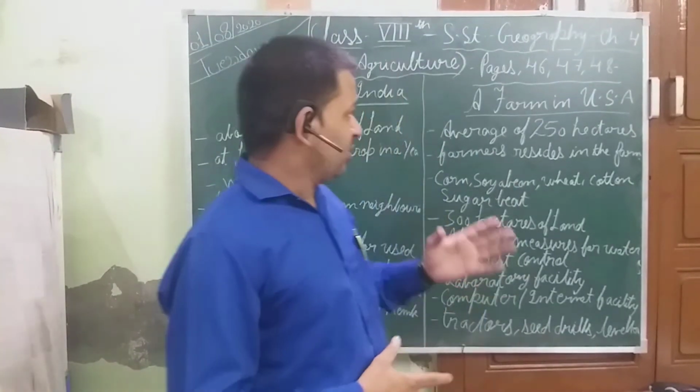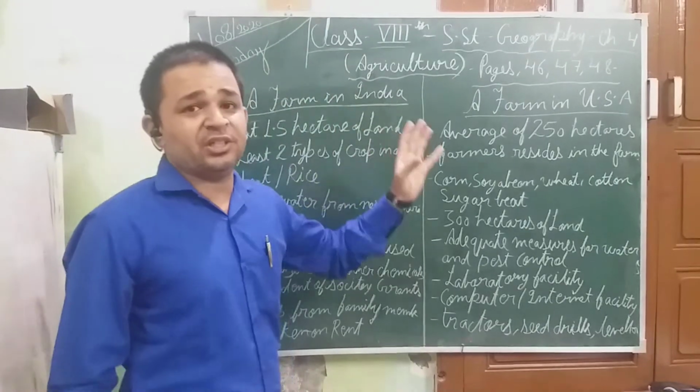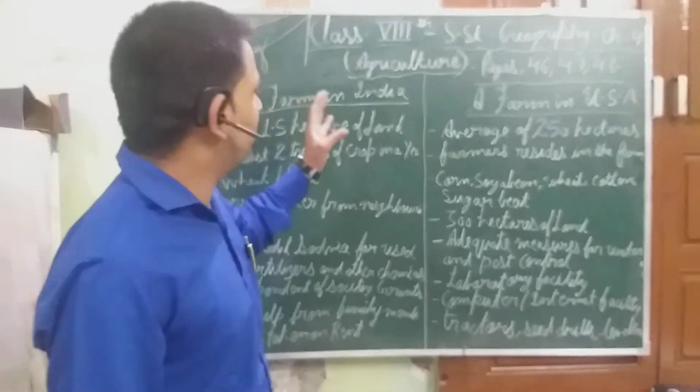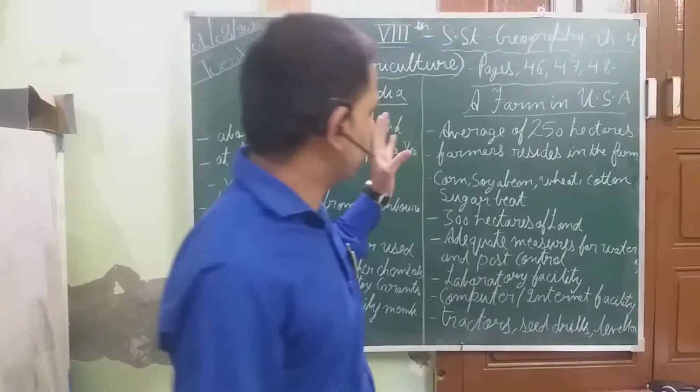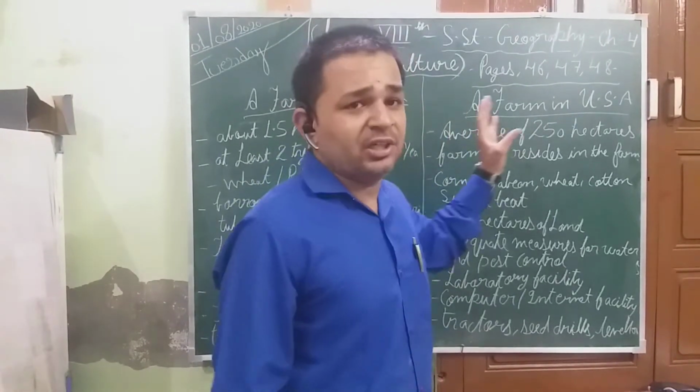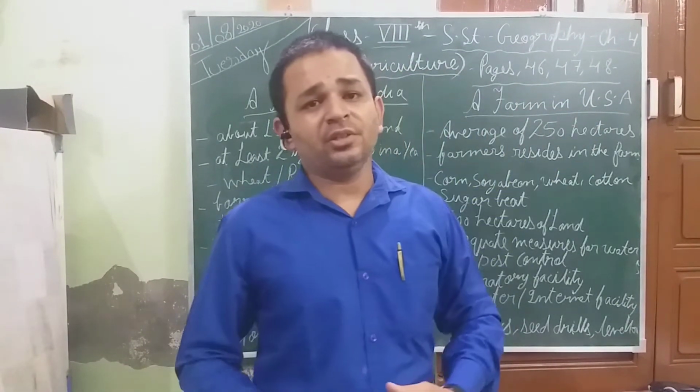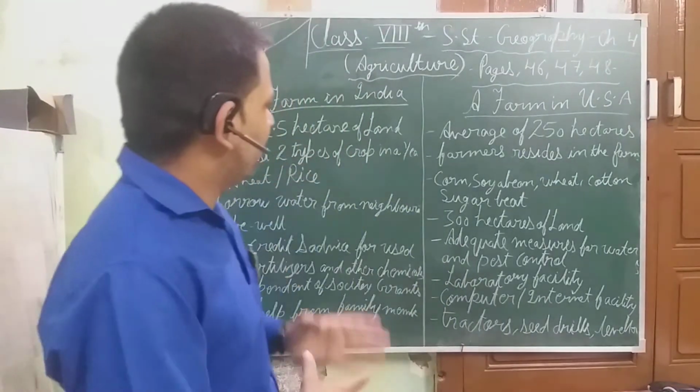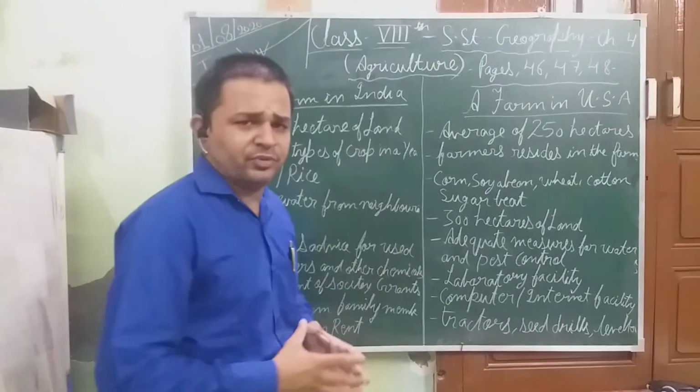The last topic is a type of case study between a farmhouse or agriculture field in India and an agriculture field in the states, USA. We will be studying both of these.